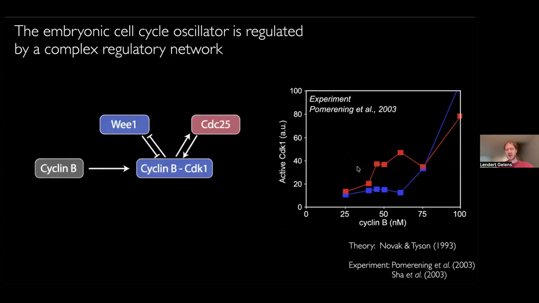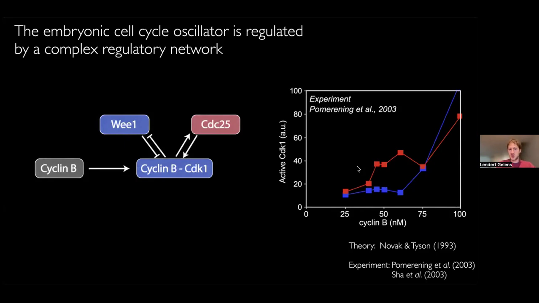And extracts are really nice to do that, these frog extracts, because you can take the extract and add different inhibitors or different chemicals, and you can, for instance, stop cyclin translation entirely, and then add back precise and controlled amounts of non-degradable cyclin. And this lets us clamp the inputs of a module like this that I'm showing here. In this case, cyclin levels are the inputs. We can clamp them at a defined level, and we can measure the output of CDK1 activity in isolation from the rest of the network.